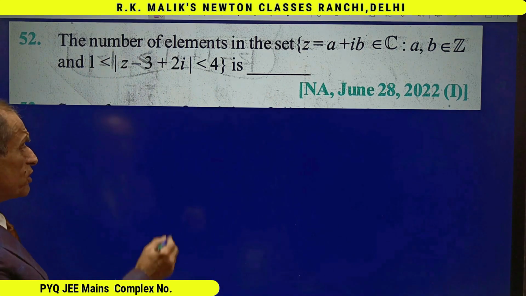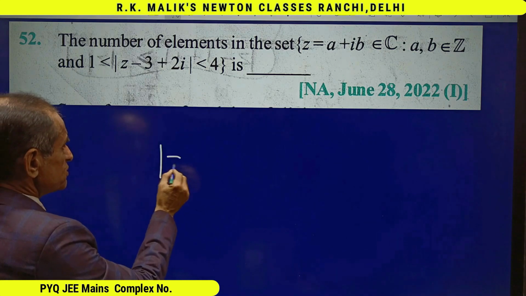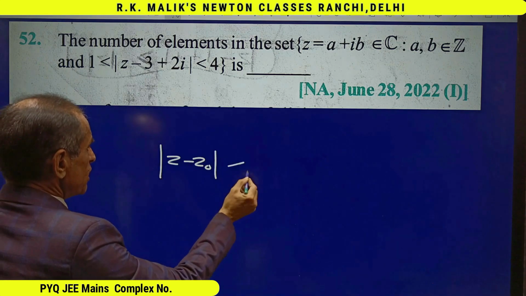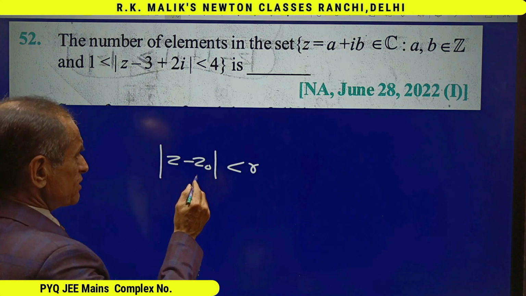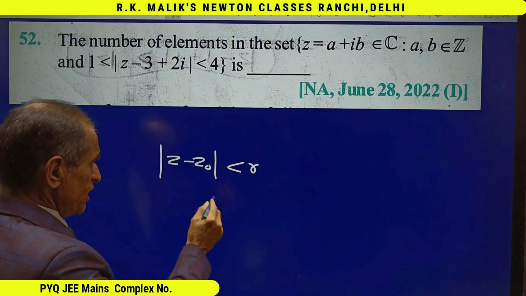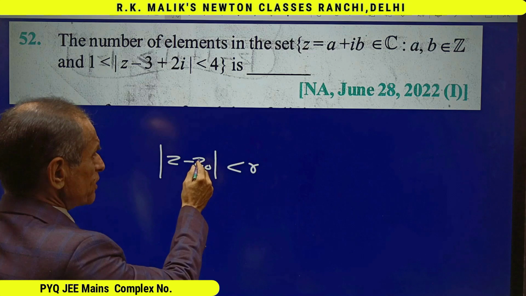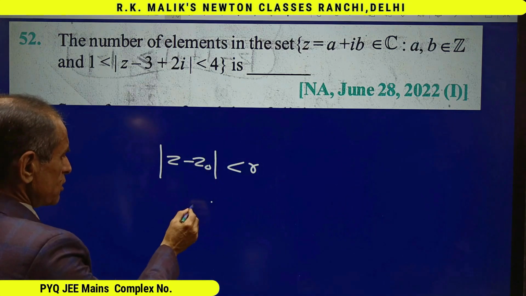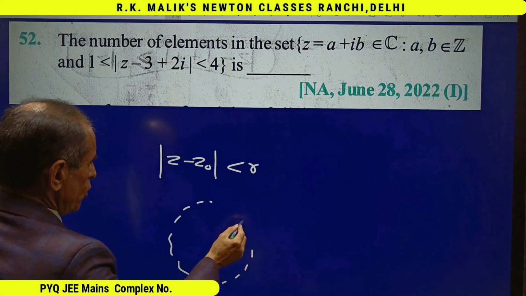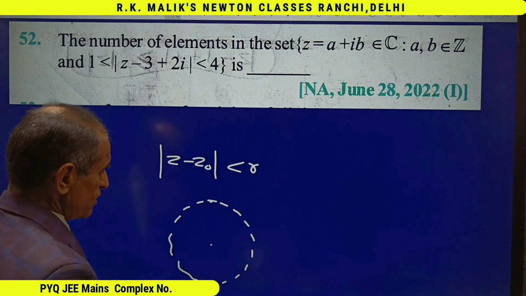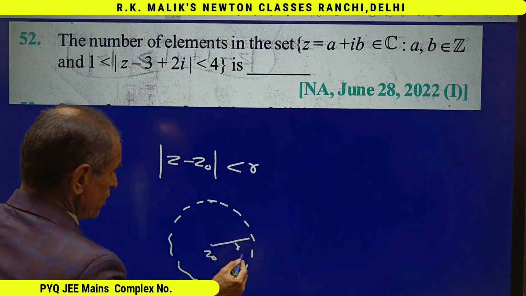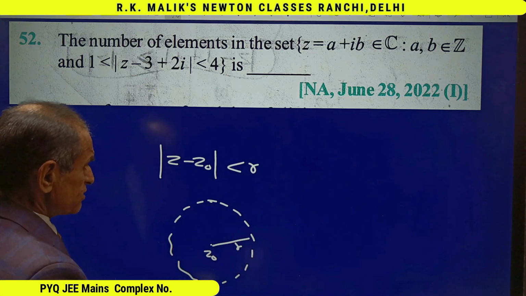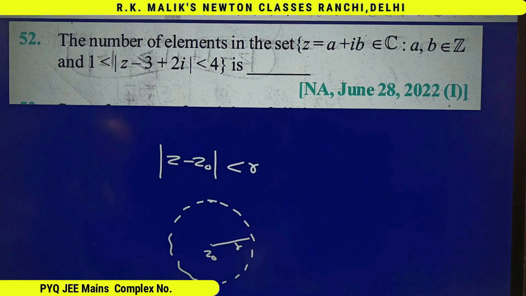First of all, you must know that mod of z minus z0 less than r represents the set of all the complex numbers which are at a distance of less than r from the fixed point z0, that is, all the points lying inside the circle with center z0 and radius r. All these points lying inside will satisfy this inequality.